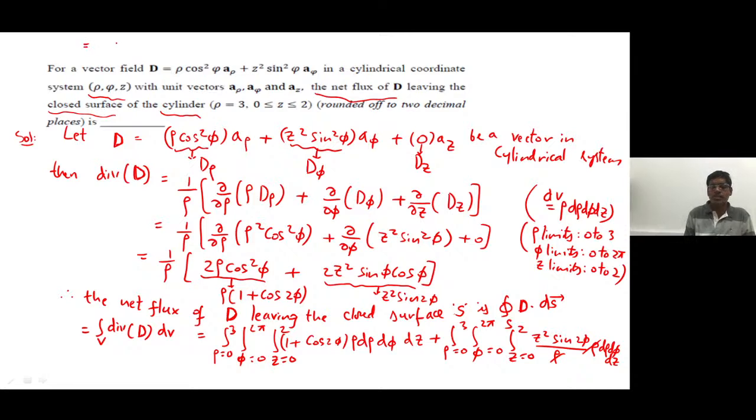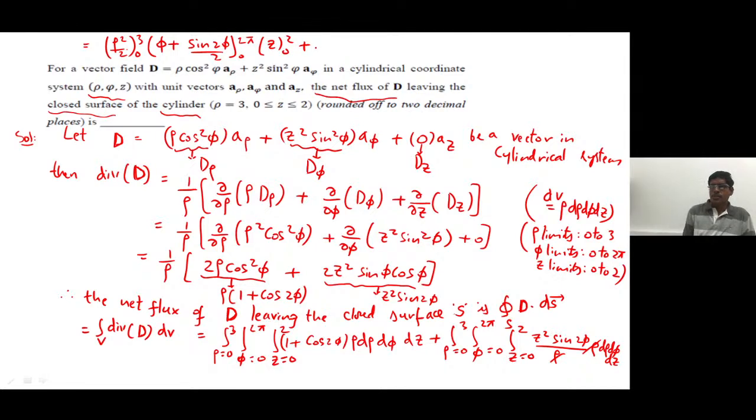Don't misunderstand me. The integration with respect to rho is rho square by 2, with limits 0 to 3. 1 plus cos 2 phi is a phi term. Integration of 1 with respect to phi is phi, and integration of cos gives sin divided by 2, between the limits 0 to 2 pi, multiplied by the z integration, dz is z between the limits 0 to 2.